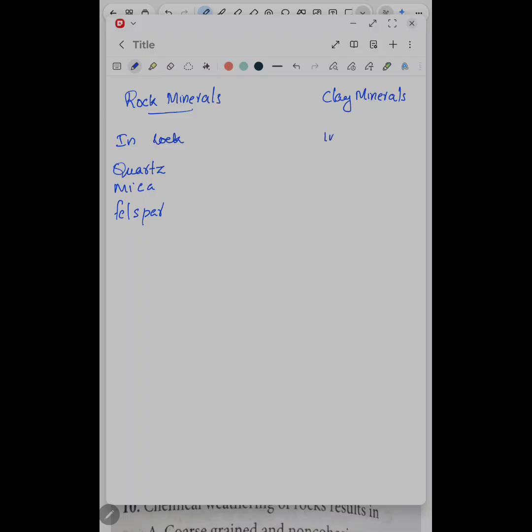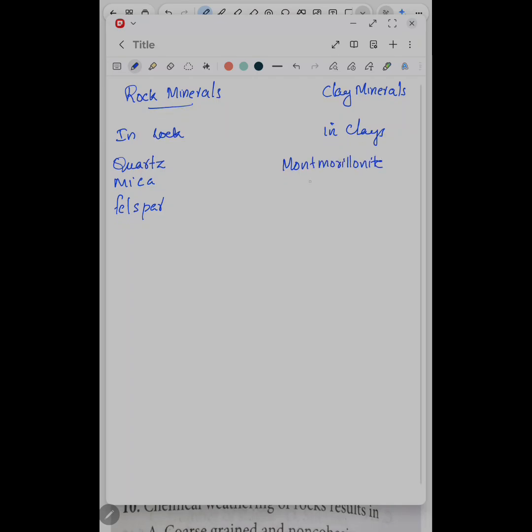We can see clay minerals in clays. The examples are montmorillonite, illite, and kaolinite. So these are the clay minerals and rock minerals.